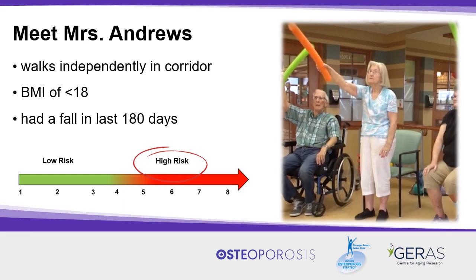I should add the CPS score means those have a cognitive impairment between 3 to 6 using the MDS-RAI tool.